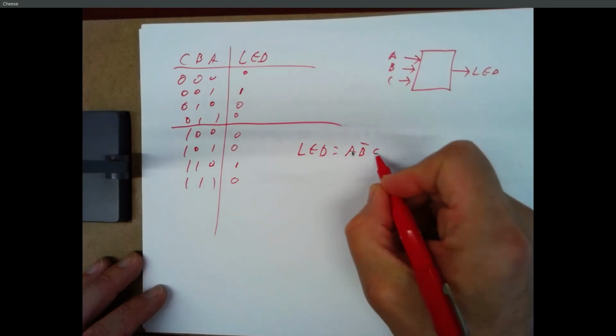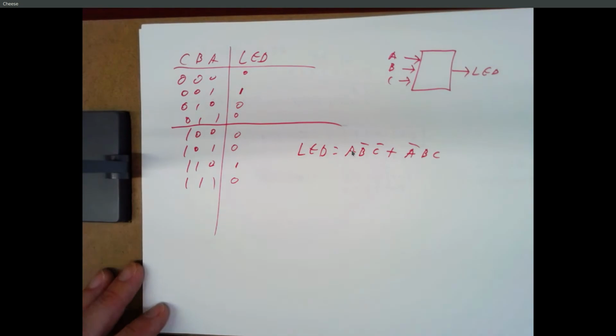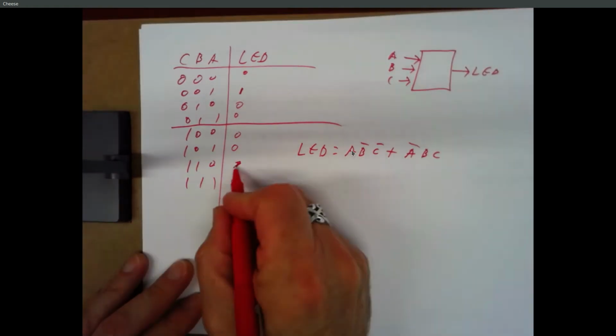So LED is A, B bar, C bar, or A bar, B, C. That doesn't look right. That's not right.